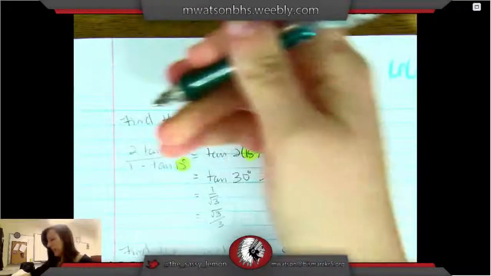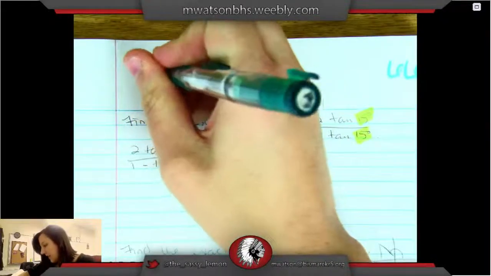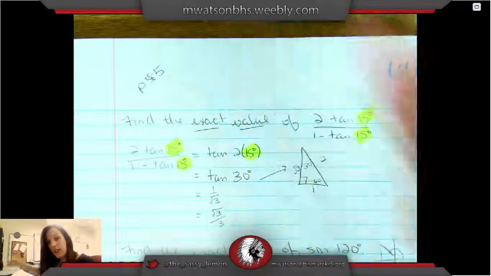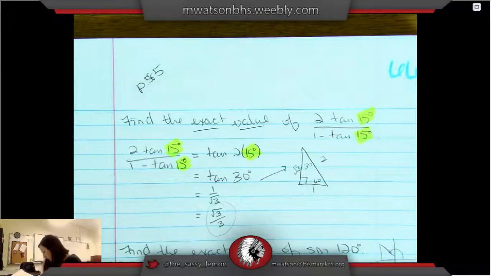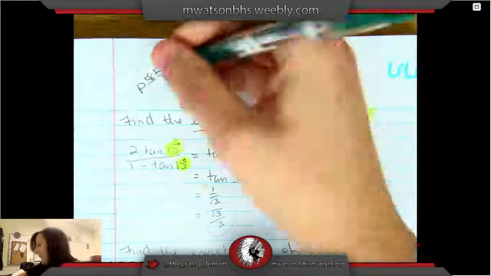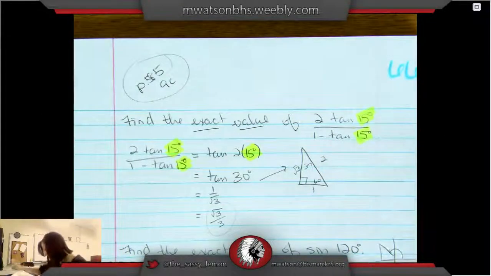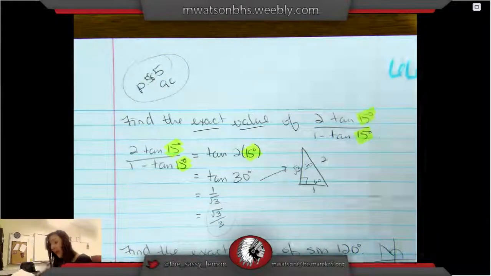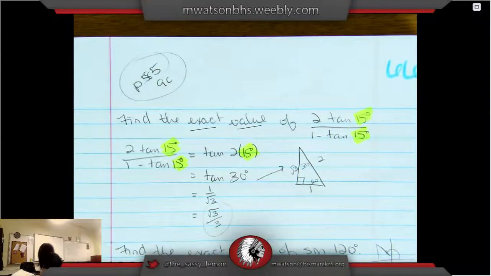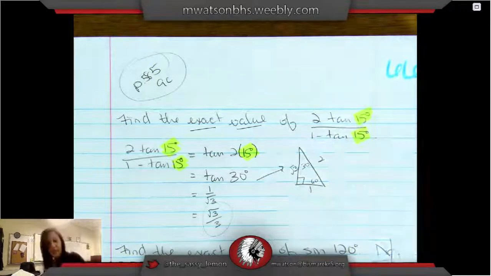And I want you to do number 9C. And you'll see what I mean whenever you look at it. Go ahead and try that. Good luck. And tomorrow we'll go over it and see how you did.